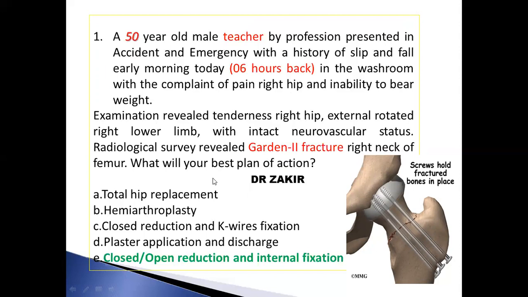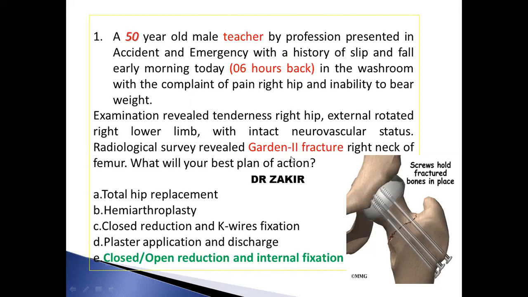So what will be our best plan of action? Option A, total hip replacement; B, hemiarthroplasty; C, closed reduction and K-wire fixation; D, plaster application and discharge; E, closed versus open reduction and internal fixation. So in this scenario, it is a 50 years old male, profession is teacher, and type 2 Garden fracture.